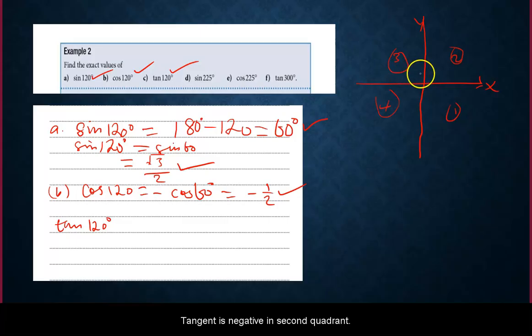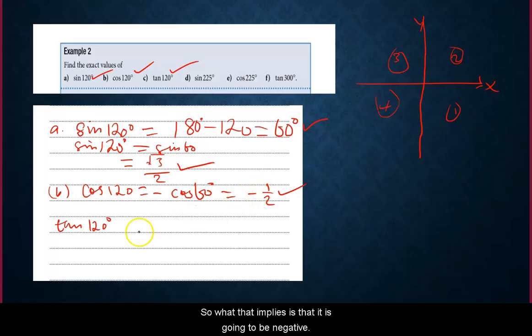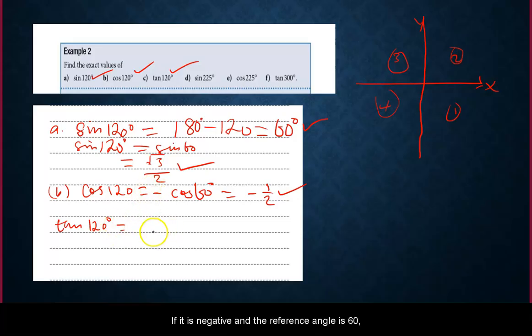Tangent is negative in the second quadrant. So what that implies is that it is going to be negative. If it is negative and the reference angle is 60, it is negative tan 60 degrees. And what is negative tan 60? You can use your calculator. It is negative root 3.